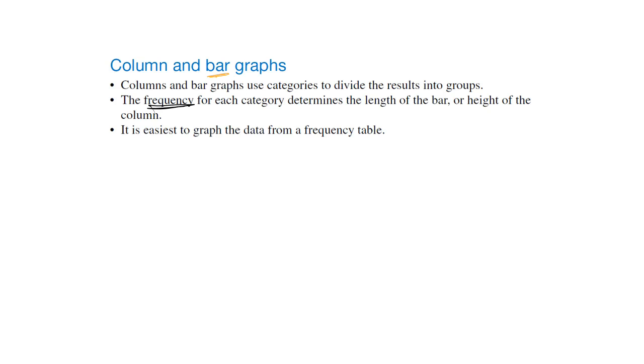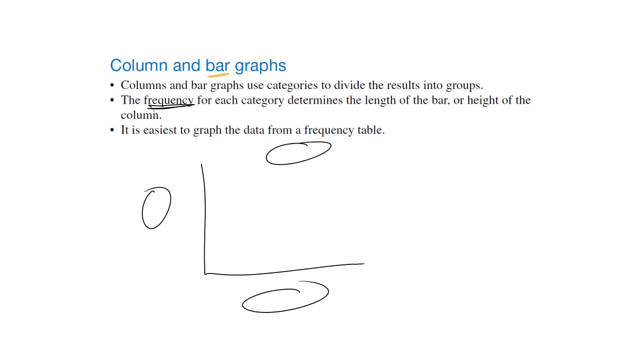And it is easiest to graph the data from a frequency table. I'm just going to quickly show a thing here. Remember, you'd have a title, you'd label your axes. I'm not going to do that for this, just for this quick thing. Generally, this is going to be your frequency along here.